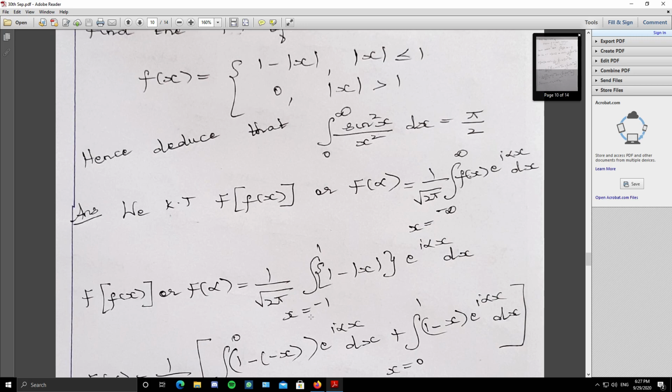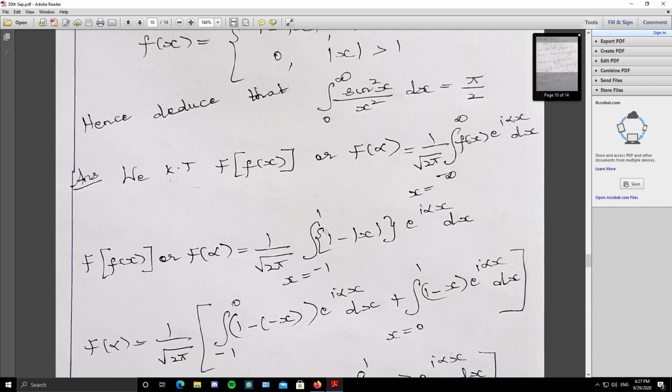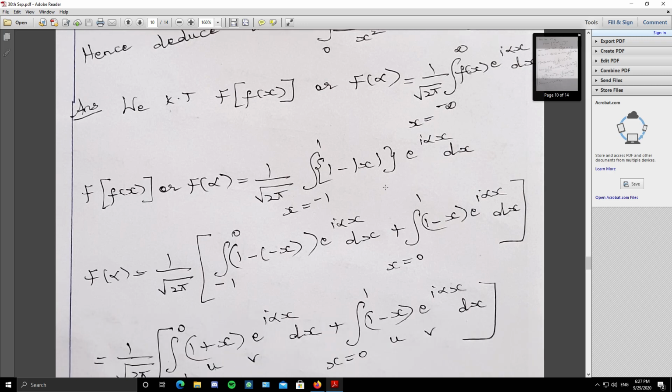So 1 by root of 2 pi integral minus 1 to plus 1, 1 minus mod x e power i alpha x dx. Whenever you have modulus function, you have to split at 0. So integral minus 1 to 0. When x is less than 0, mod x is minus x. When x is greater than 0, mod x is x.